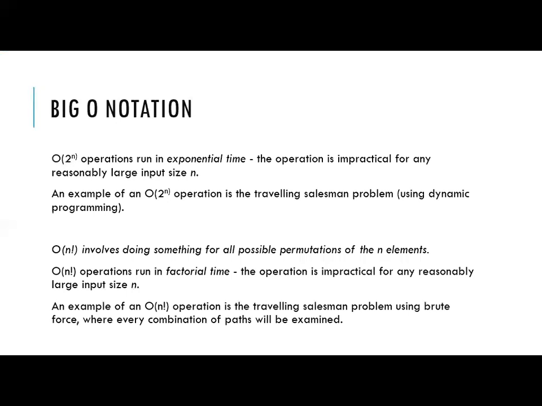Some of the other things are O(2^n), operations that run in exponential time. You can consider the traveling salesman problem, or you can consider exponential in a general way: if the input increases very slightly, but the output or the process increases very dramatically, it is very exponential. It rapidly increases in a predictable way.